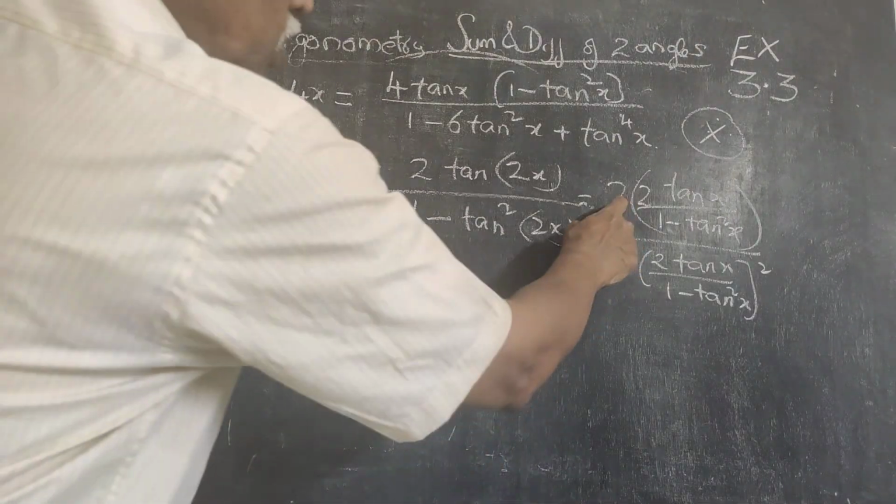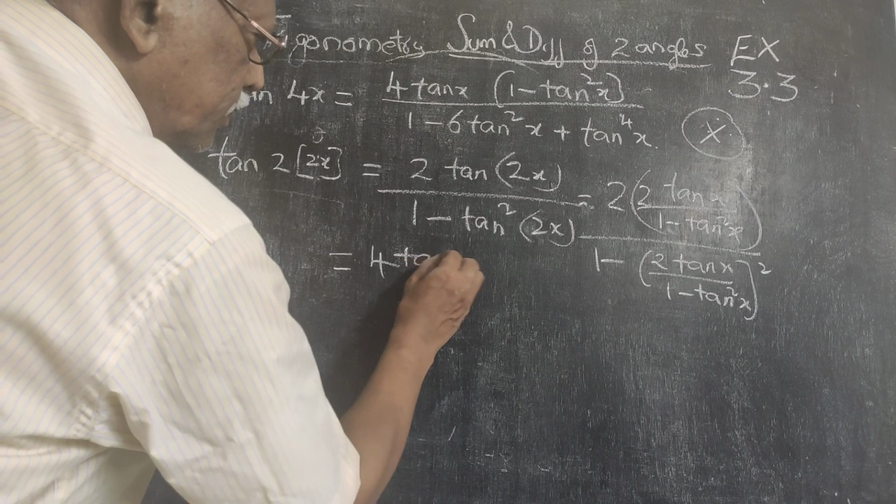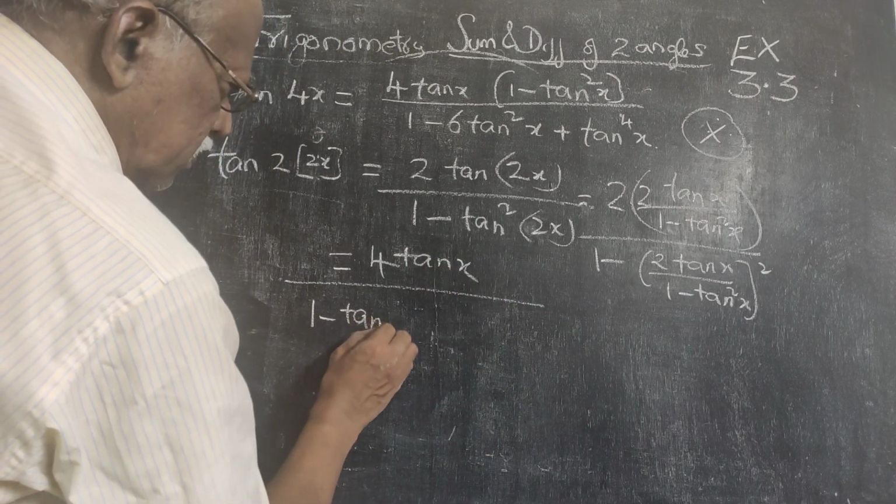The result is that 2 into 2, numerator 4 tan x divided by 1 minus tan square x.